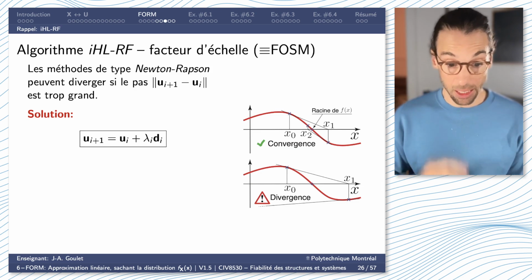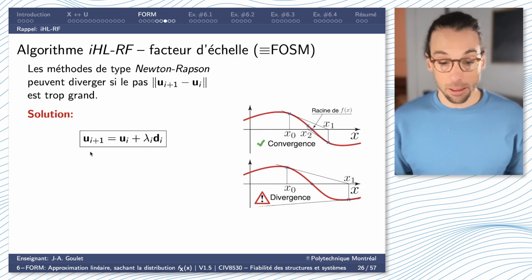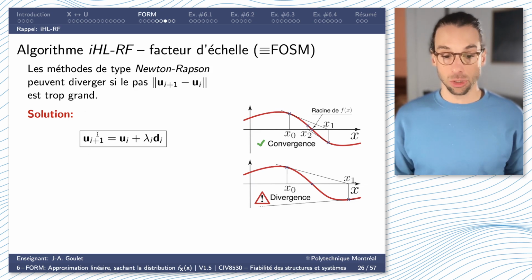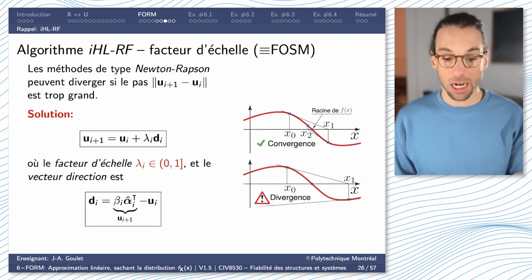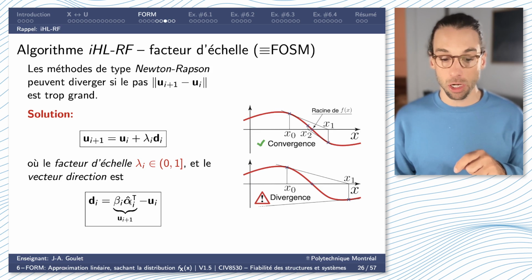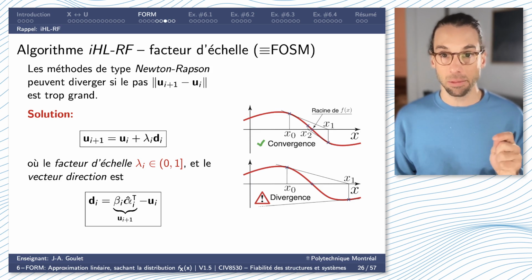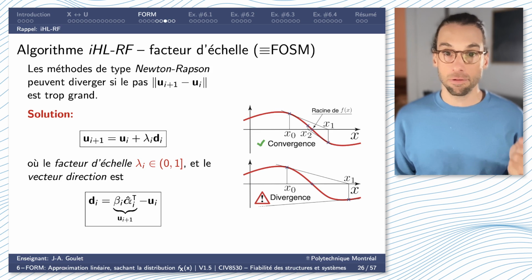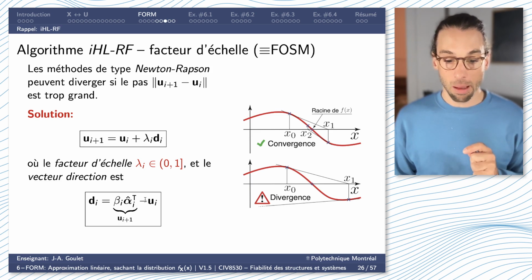So the solution is that I can say my new linearization point is going to be equal to the current one plus lambda, a scaling factor, times the search direction, where the search direction is simply the proposed point, obtained by multiplying beta times my negative normalized gradient vector, minus the current linearization point.